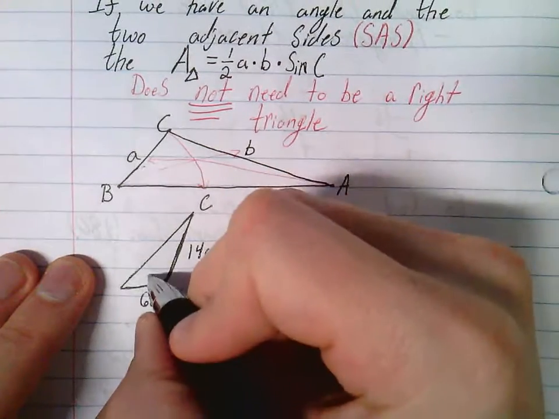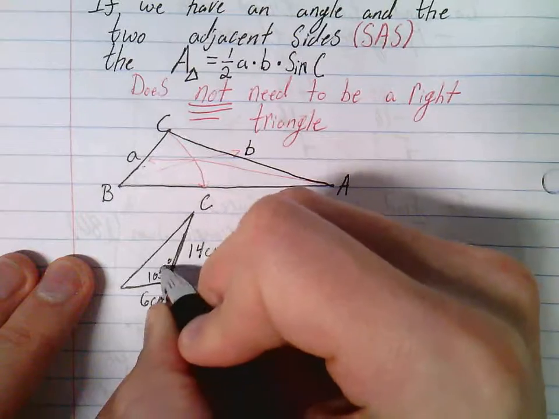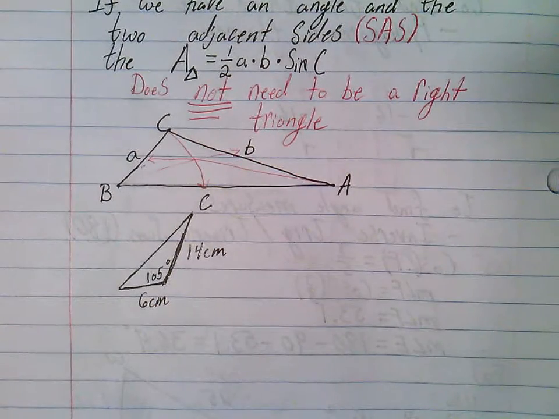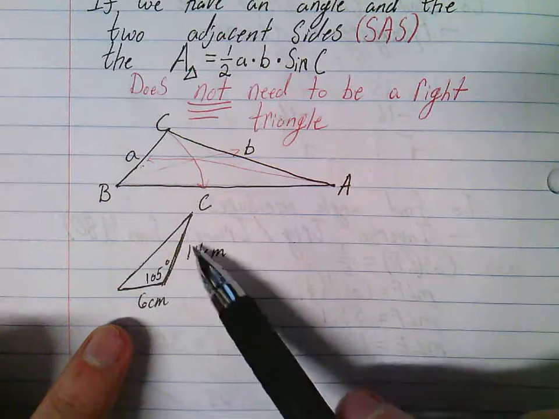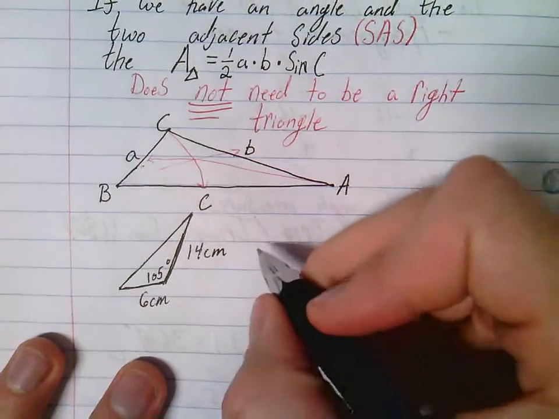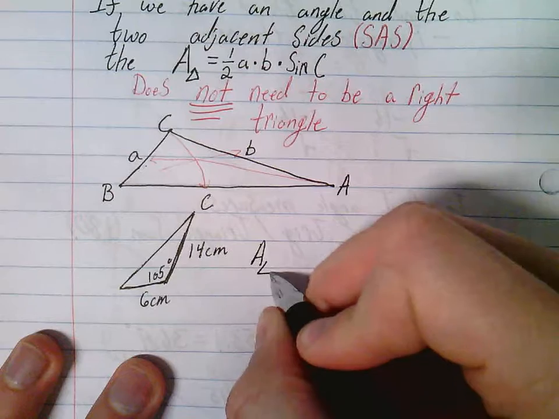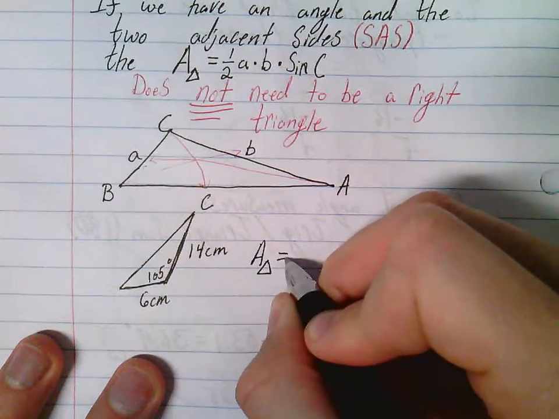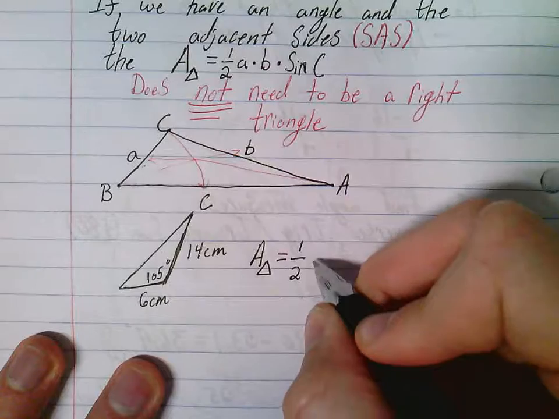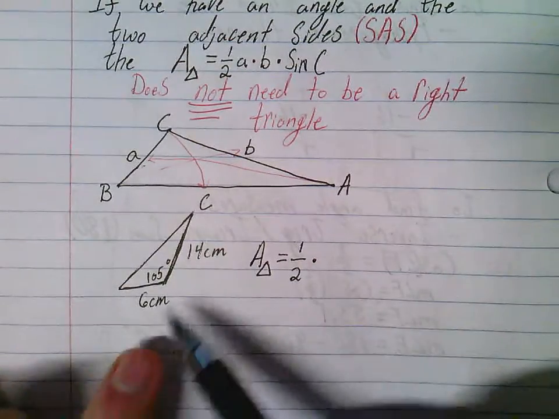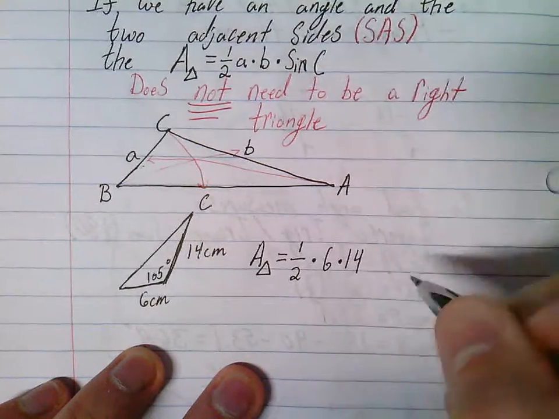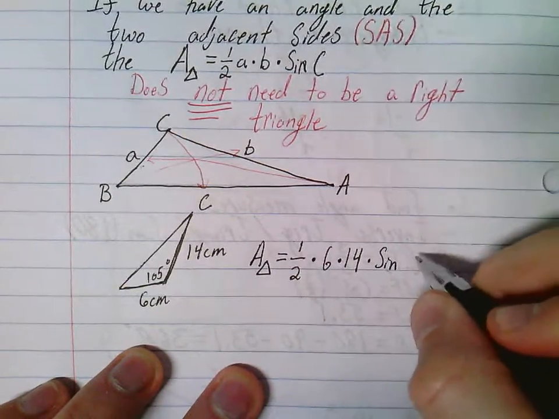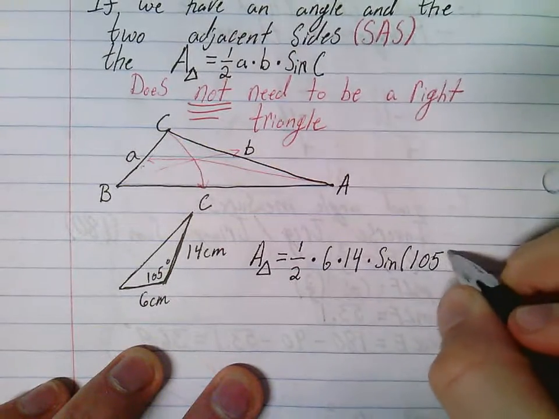And then in here, this angle is 105. So in order to find the area of this triangle, the area will be equal to 1/2 times the two side lengths, which is 6 times 14, times the sine of 105.